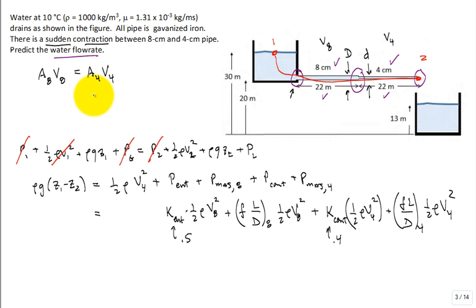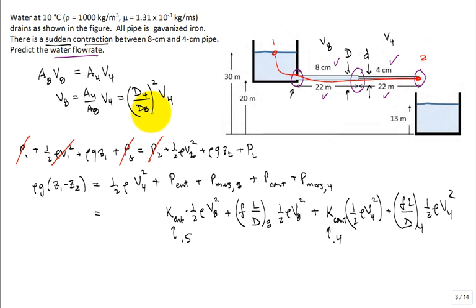Is that a good equation? So that the velocity at the 8 is the area of 4 divided by the area of 8 times the velocity in the 4 centimeter pipe. The area in the 4 is pi d squared over 4, so it boils down to the diameter of the 4 over the diameter of the 8 squared times the velocity in the 4.